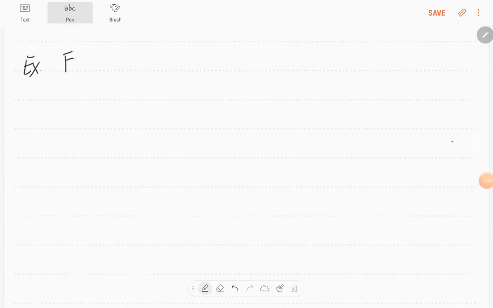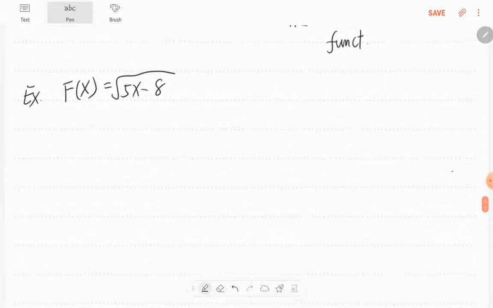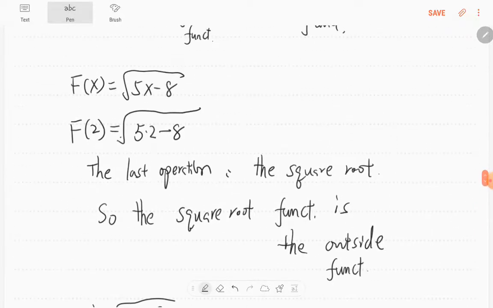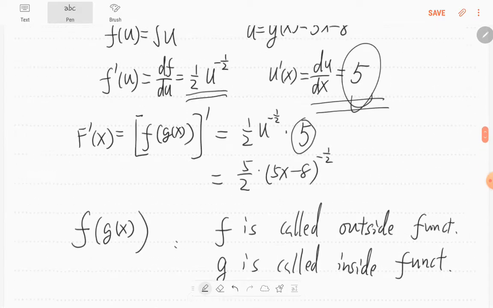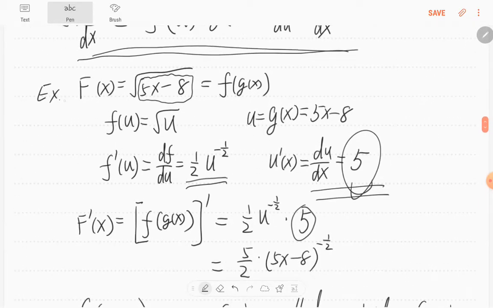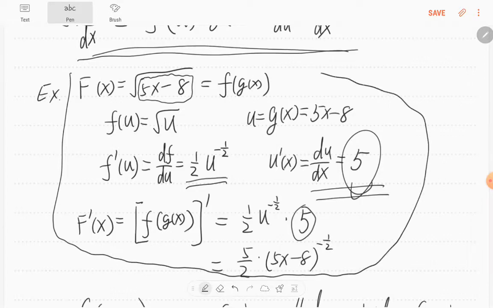So we still use this example, f of x equals the square root of 5x minus 8. One way to use the chain rule is like we did here. We needed to figure out what is the outside function and the inside function.